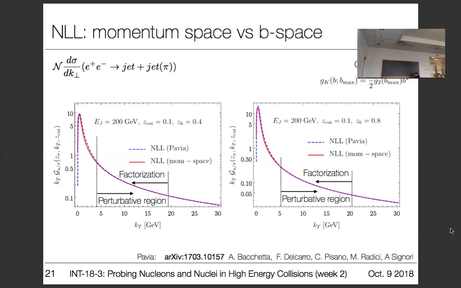This particular model did not have that much difference with the momentum model that we use. But for the perturbative region, we can see that basically they're on top of each other. So indeed, the momentum space and b-space resummation in the region where you don't have model dependence, they give you exactly the same results. And the same is true for the other 3 models that were on the table before.